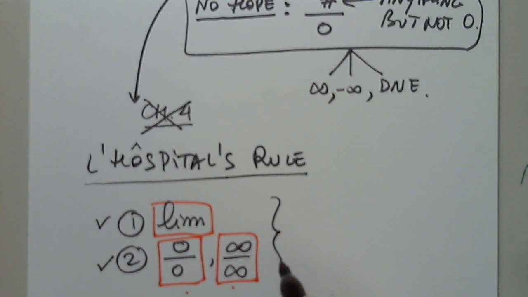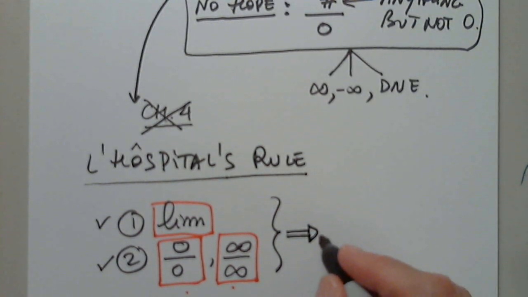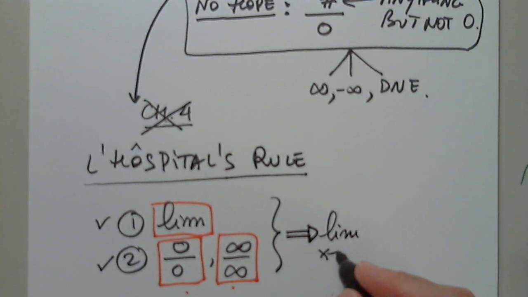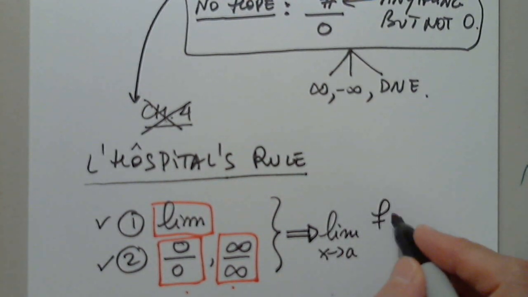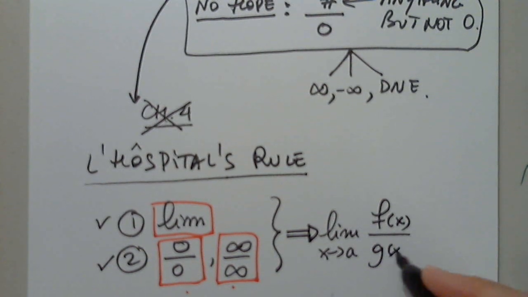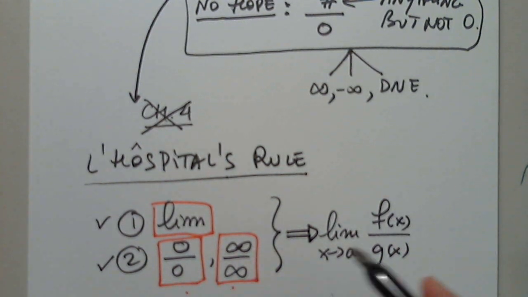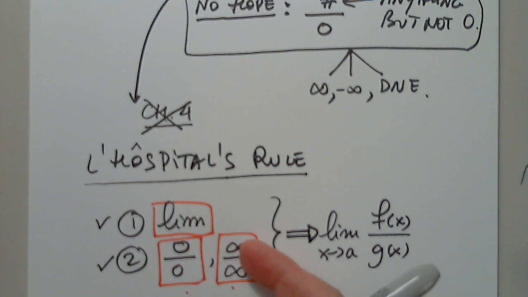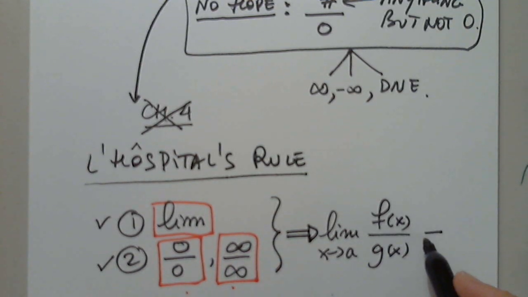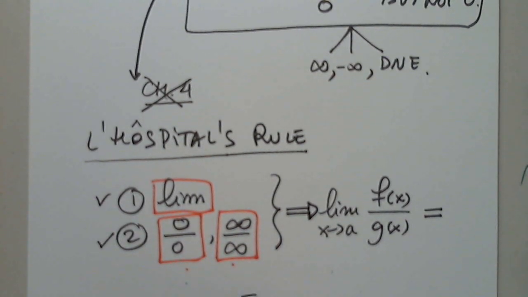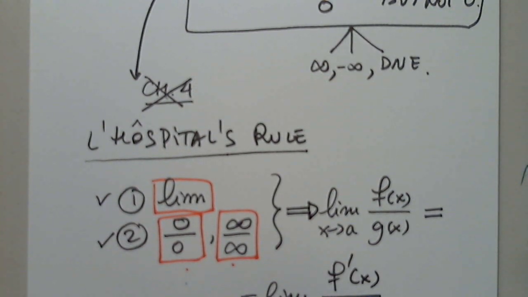Assuming they are both fulfilled, he showed then the limit as x approaches a of f of x divided by g of x, a function over a function that initially gives us 0 over 0 or infinity over infinity, can be determined like this. Notice that we are not applying the quotient rule.